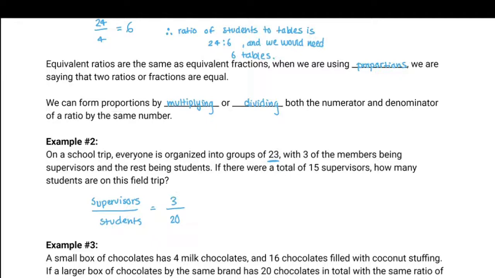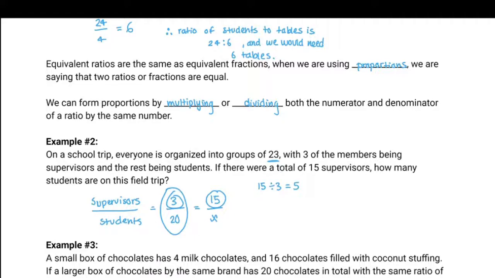So our proportion would be 15 over, let's say, x, because we don't know the value. So what would we do here? Well, we can divide 15 by 3 to see what this fraction right here is being multiplied by to get the new proportion. So by dividing 15 by 3, we would get 5.